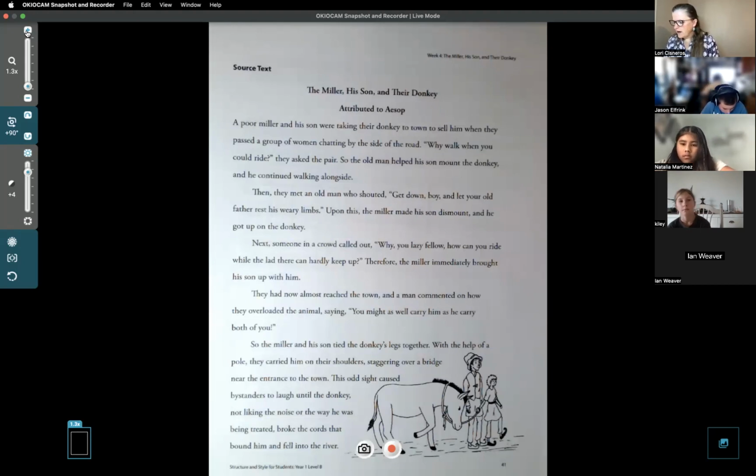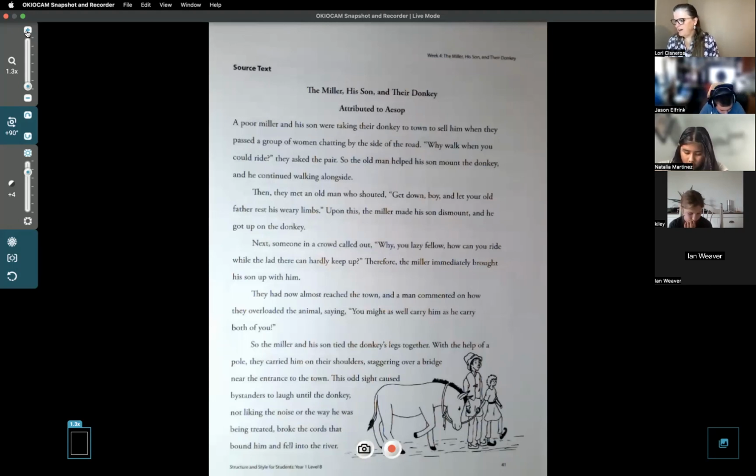Next, someone in the crowd called out, "Why, you lazy fellow, how can you ride while the lad there can hardly keep up?" Therefore, the miller immediately brought his son up with him. They had now almost reached the town, and a man commented on how they overloaded the animal, saying, "You might as well carry him as he is carrying both of you."